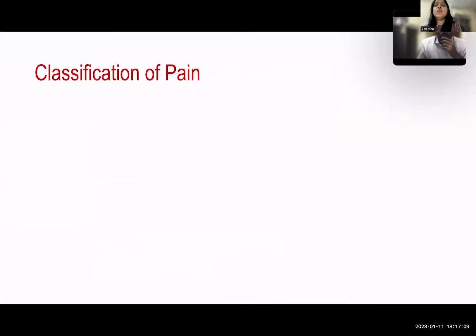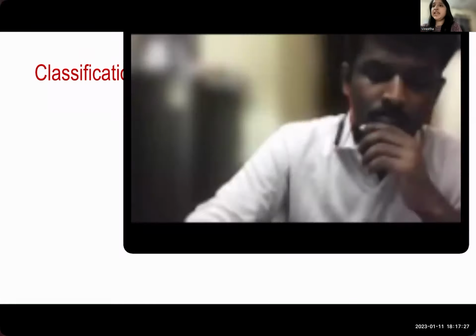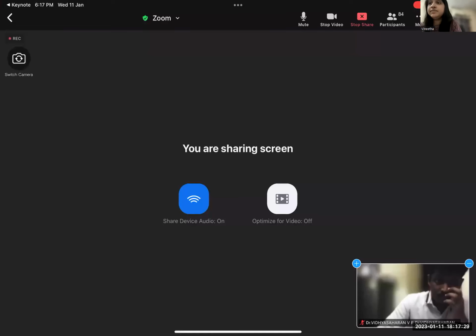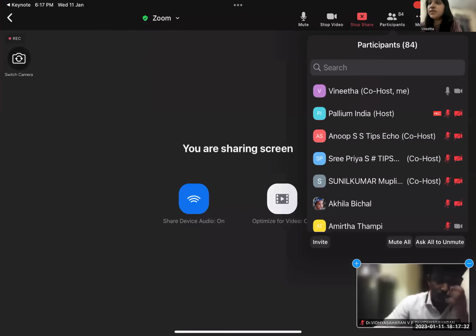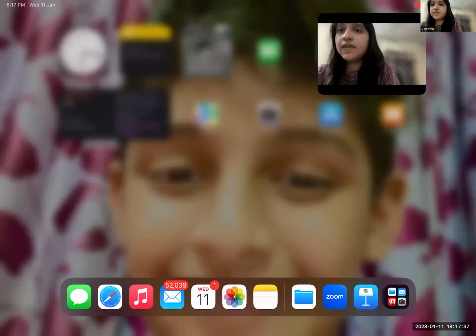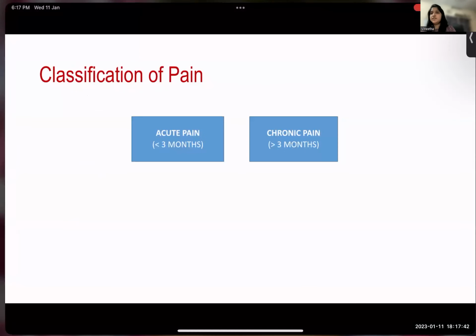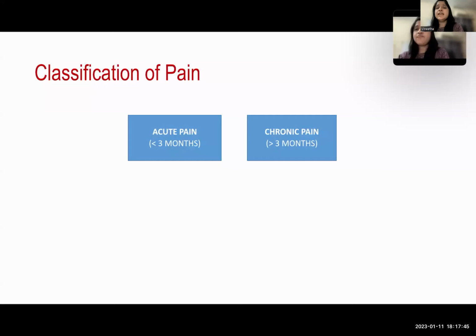So with that, we go to the classification of pain. I hope you are clear with the basic concepts regarding the definition of pain, and that you have to believe your patient. So the first classification, the temporal classification, is based on time.